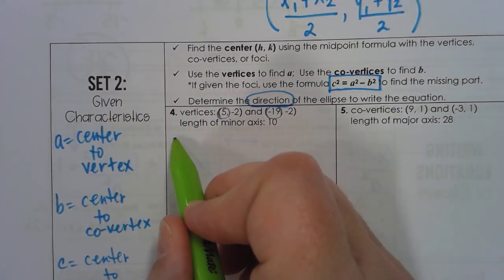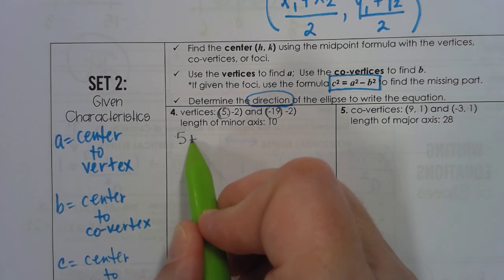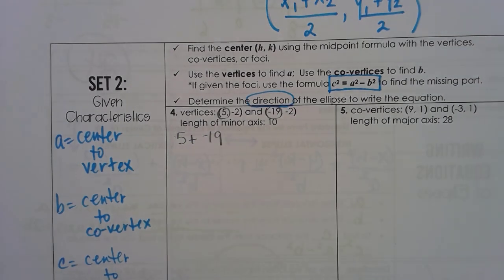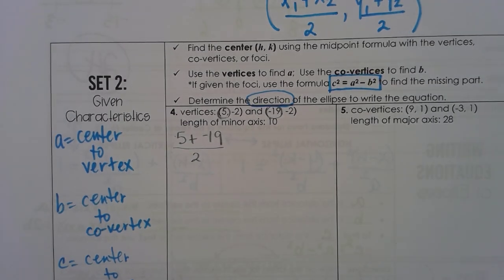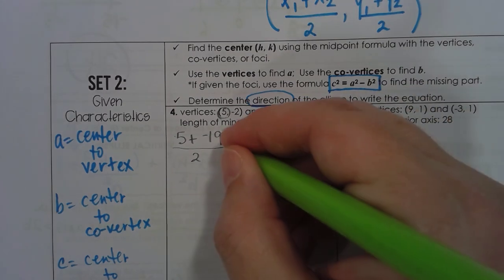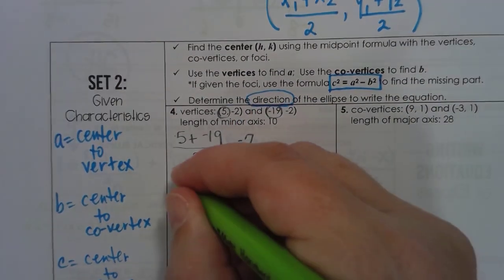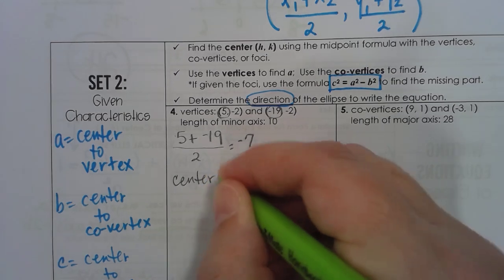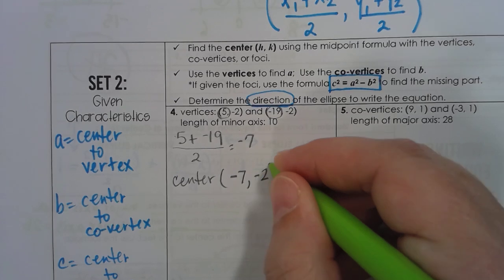Okay, so the center is going to be halfway between 5 and -19. So 5 plus -19 is -14. Half of -14 is -7, which is going to put our center at (-7, -2).